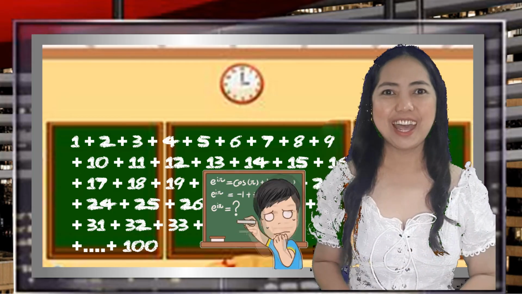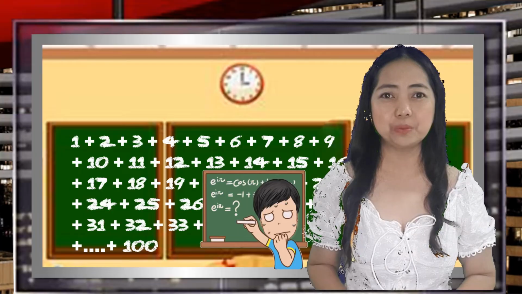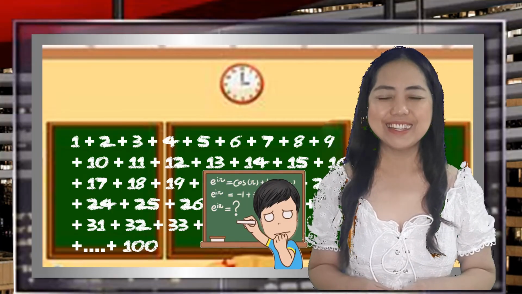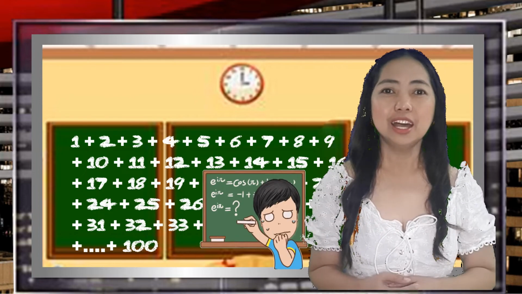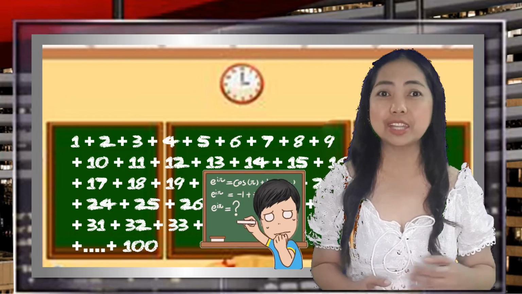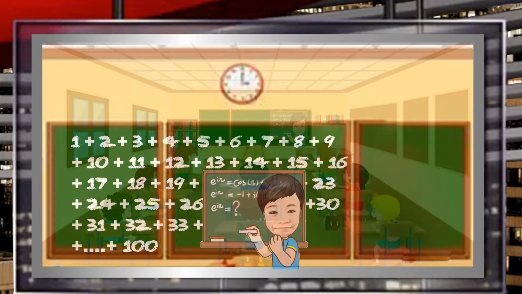A teacher asked her students to find the sum of the first 100 counting numbers to keep them busy, like 1 plus 2 plus 3 and so on until such time they reach plus 99 plus 100. Carl used a trick to find the sum and he was able to do it in few seconds only. Do you know the secret? Let's discover.